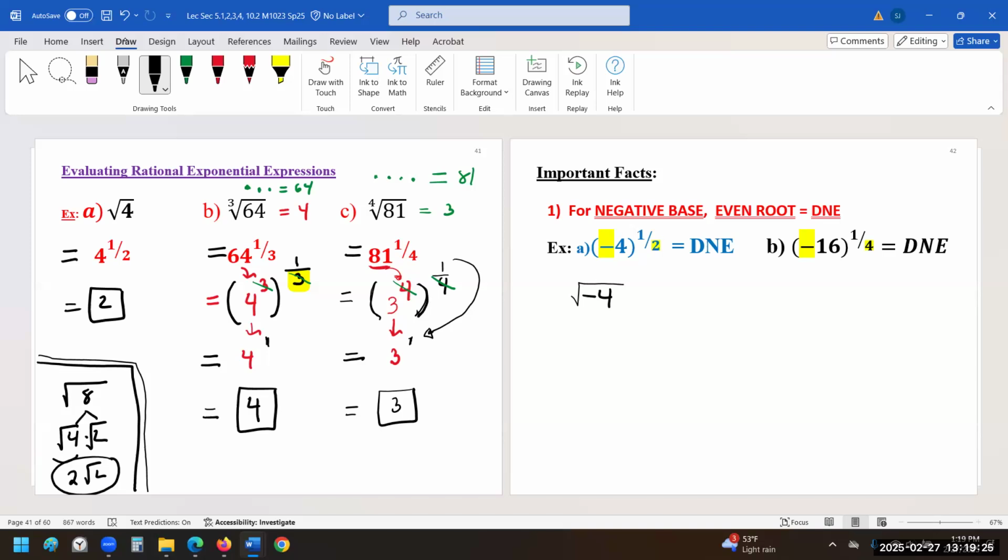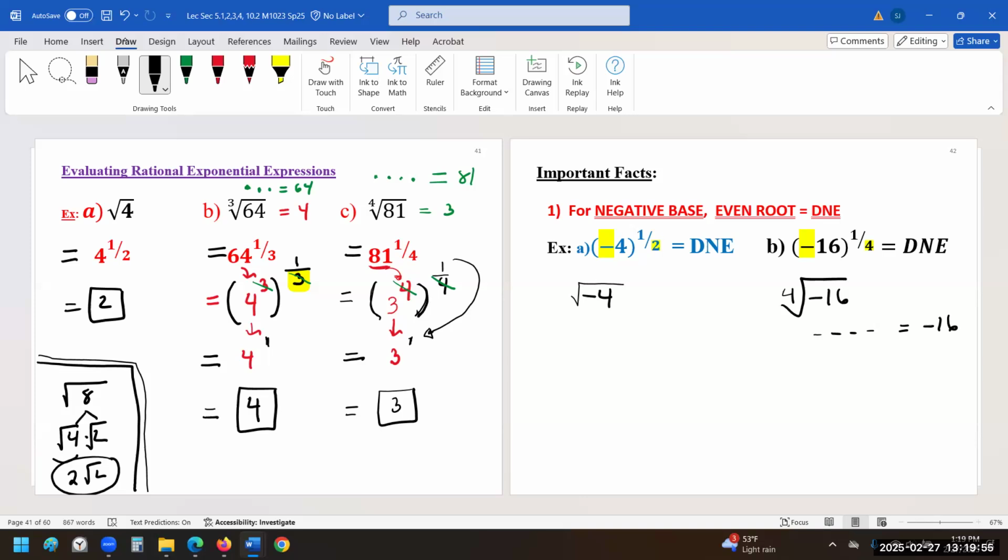Okay? Same thing here. This one is telling you this is the 4th root of -16. They're telling us find one number, multiply the same number 1, 2, 3, 4 times. The result is -16. Can you find such a number? You multiply 4 times, it becomes negative. Not possible.